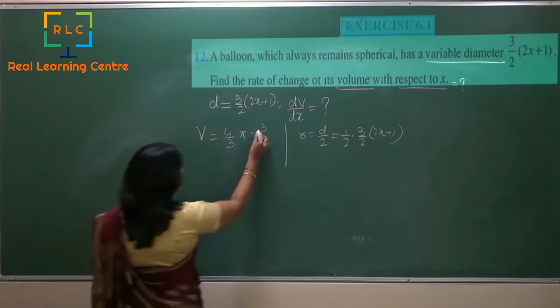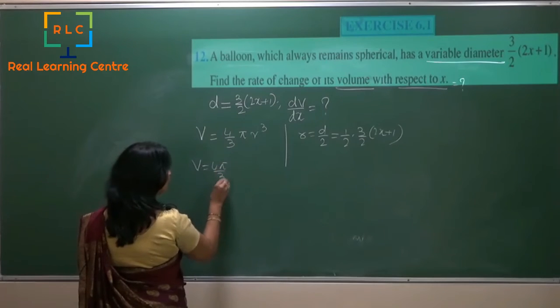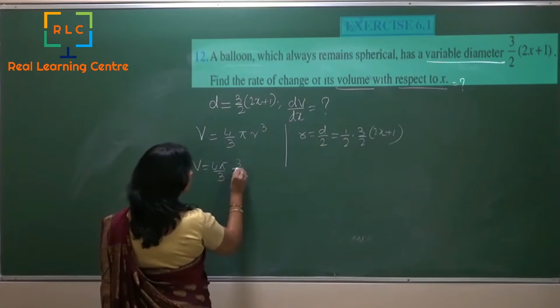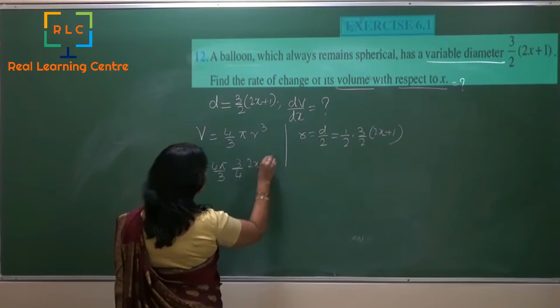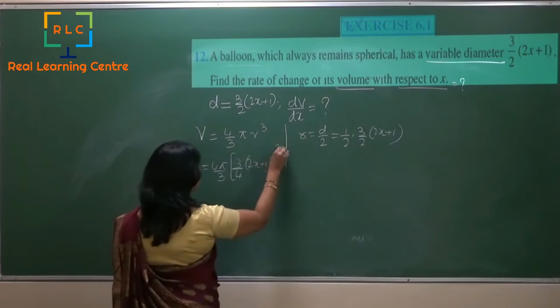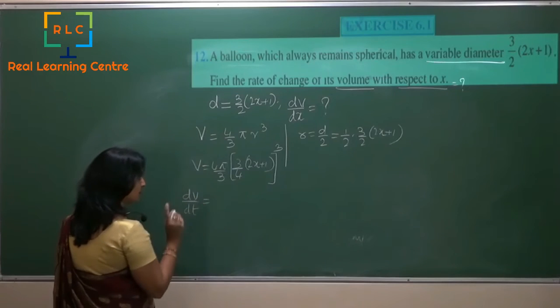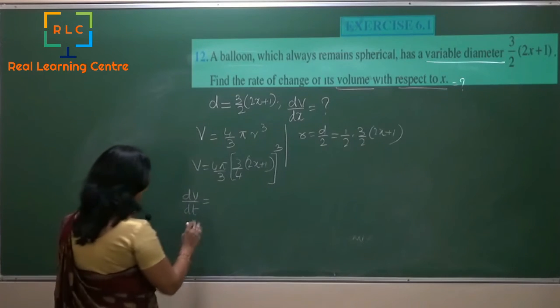So I'll come back and replace for radius. V is equal to 4 pi by 3, r is 3 by 4 into 2x plus 1. Now replace for r, it is having cube, so it is whole cube. So dv by dx, I'm differentiating, is it not?